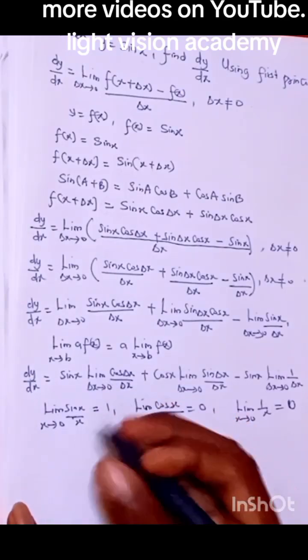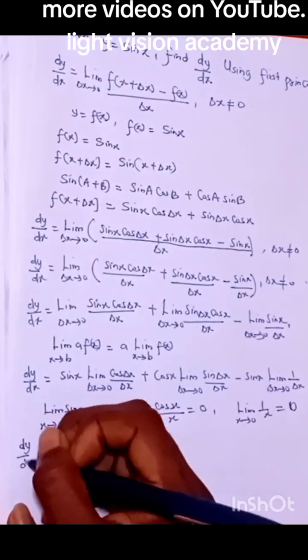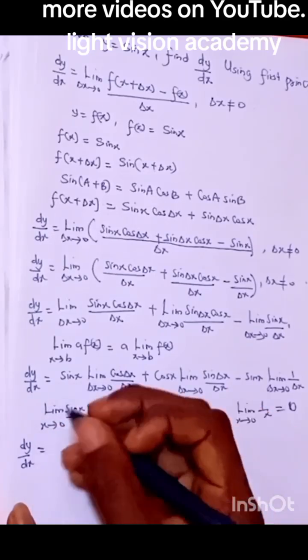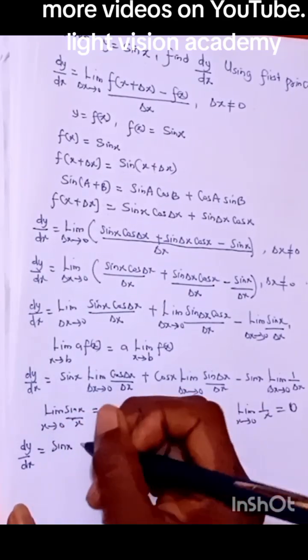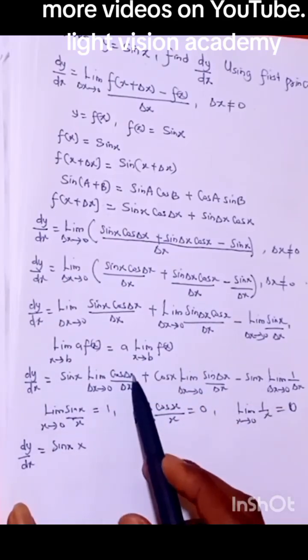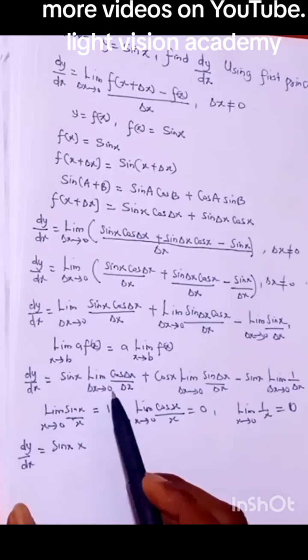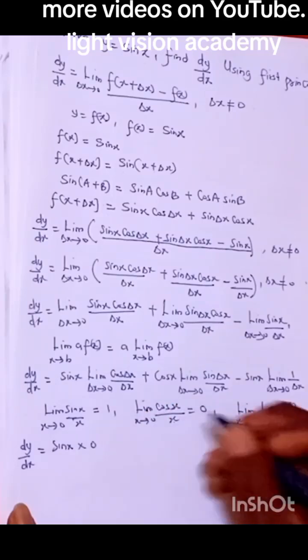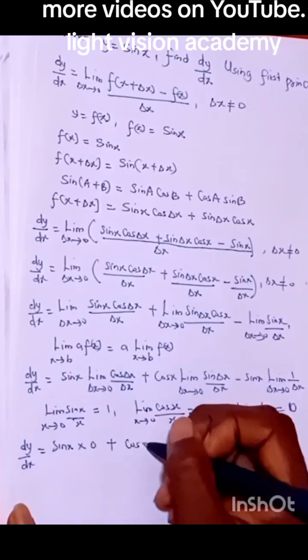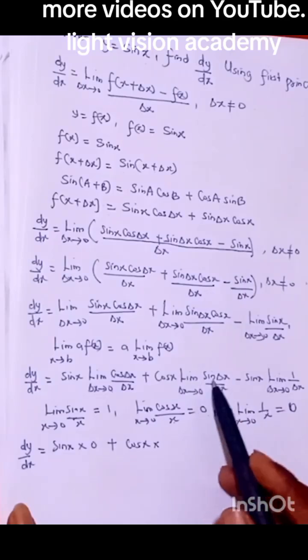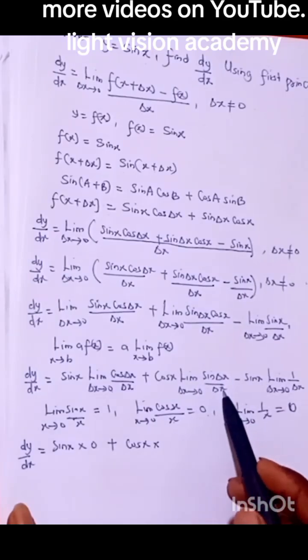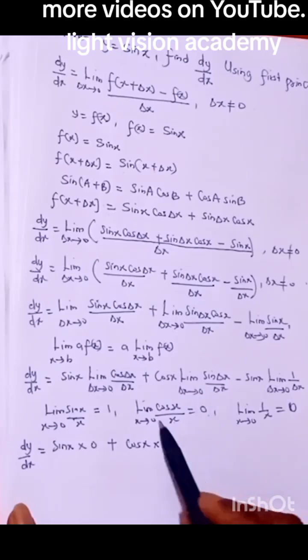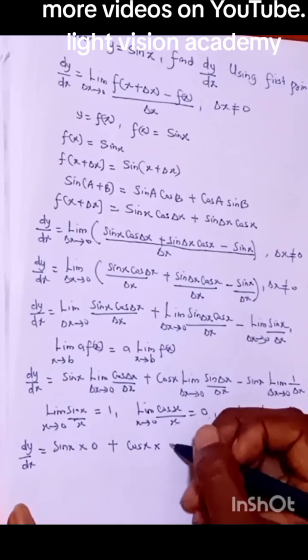Now we apply this here, which is dy/dx becomes sin x times the limit of cos Δx over Δx as Δx tends to 0, which becomes 0 as what we have here. Then plus cos x times the limit of sin Δx over Δx as Δx tends to 0, which becomes 1 as we have here.